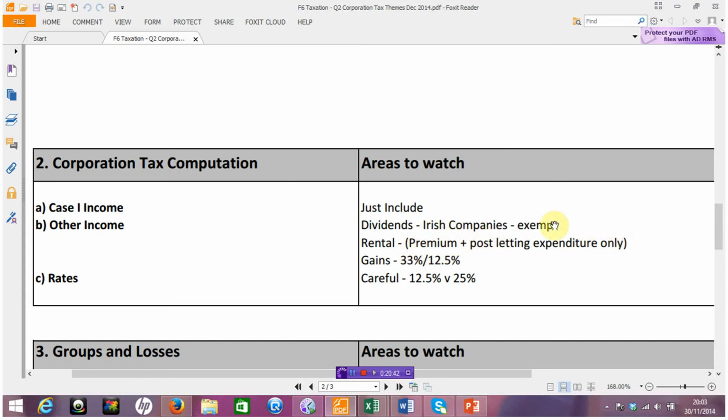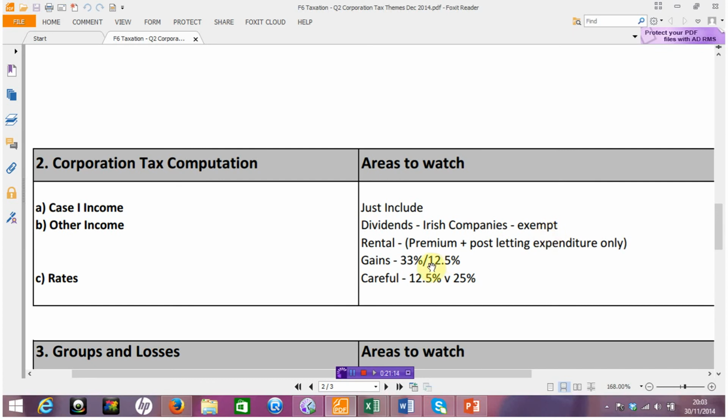The other thing that I've just touched on here, again, it's relevant to income tax as well as for companies, is just this idea of post-letting expenditure. There's absolutely no chance that rental income will come up either for companies or on a case-by basis for individuals, with the properties being let for a full calendar year. It's impossible for that to happen. So just watch out for the post-letting element, because that's what's relevant for letting purposes.